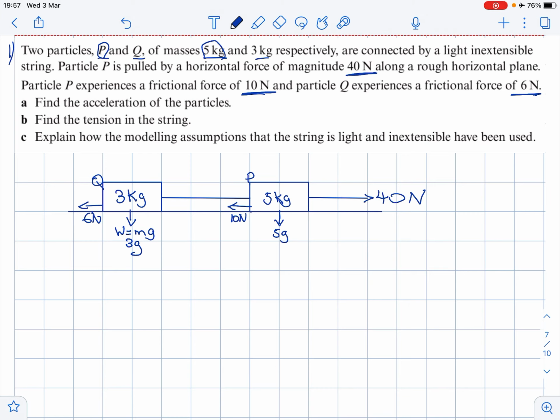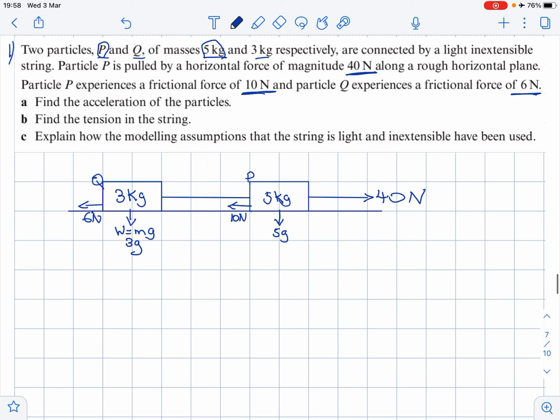And we know there are reaction forces, so there is normal reaction 1, and let's call this normal reaction 2.